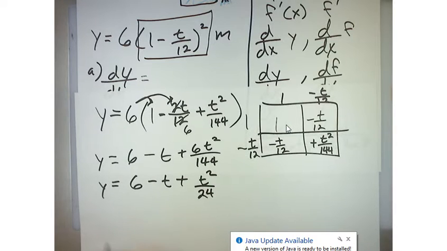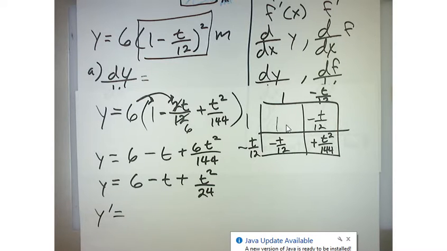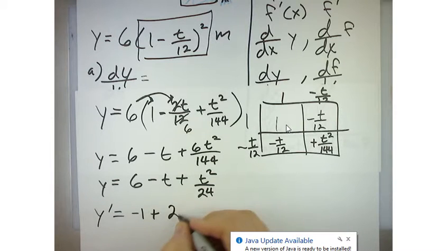Okay, so now I need to take the derivative of all that. So y prime then would just be, this goes away, this becomes negative 1, and then if I toss the 2 in the front, I've got positive 2t all over 24.